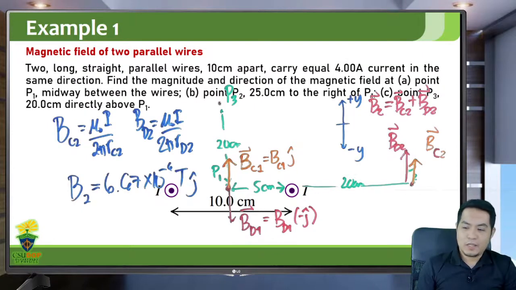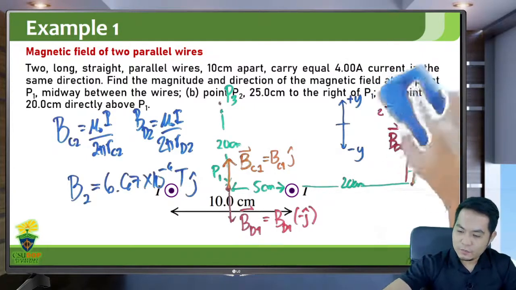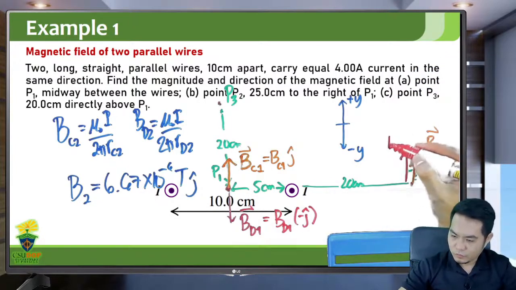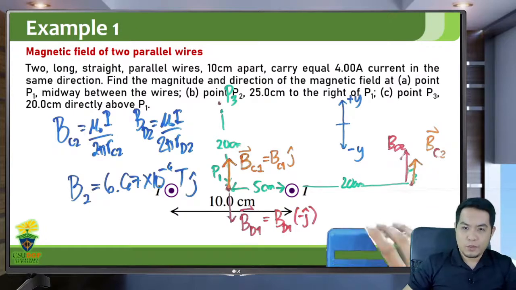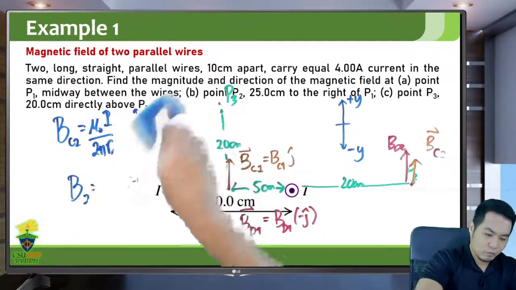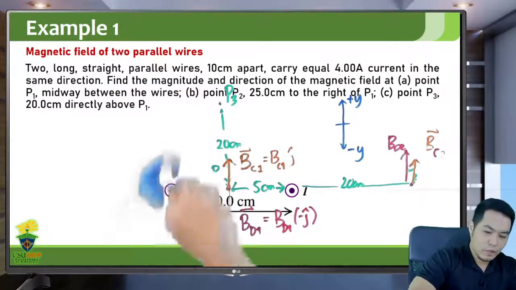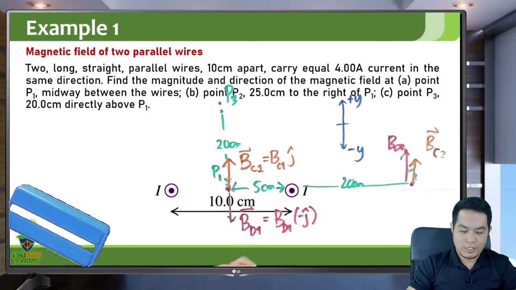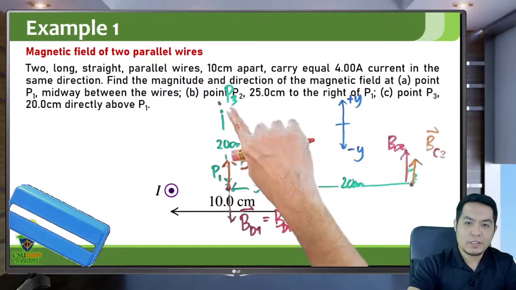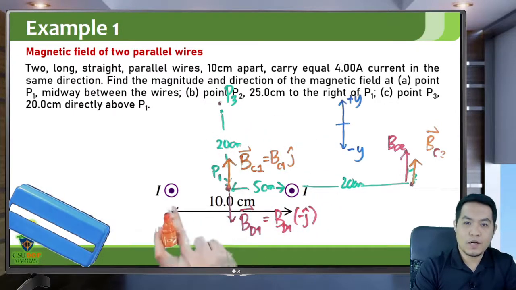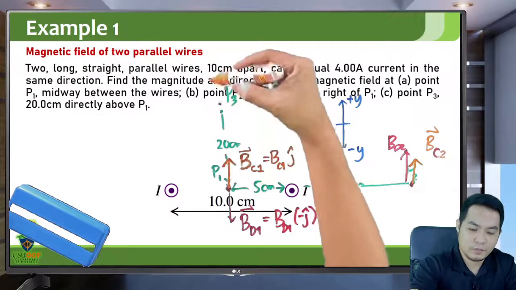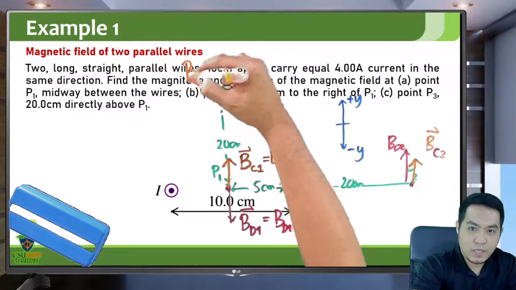You do the same again for point 3. You find the magnetic field here at point 3 due to C and D. At this point, the magnetic field due to wire C is counterclockwise, so it will be somewhere northwest, BC3.